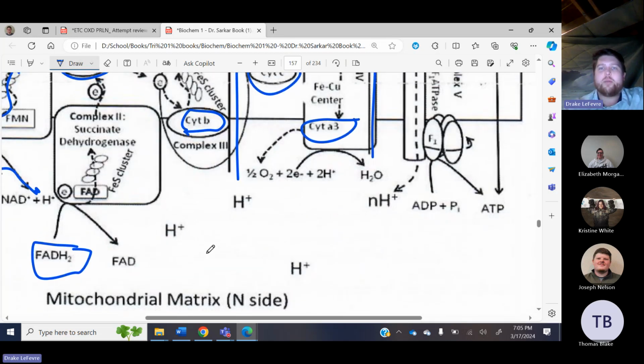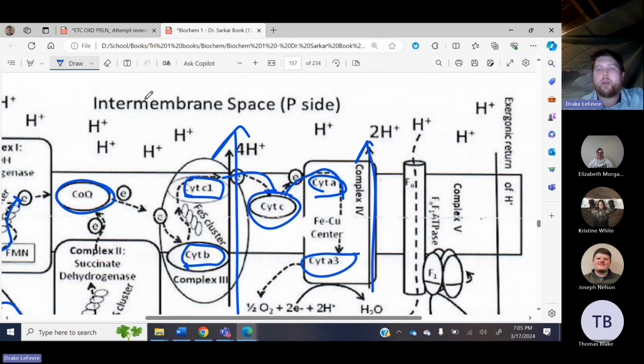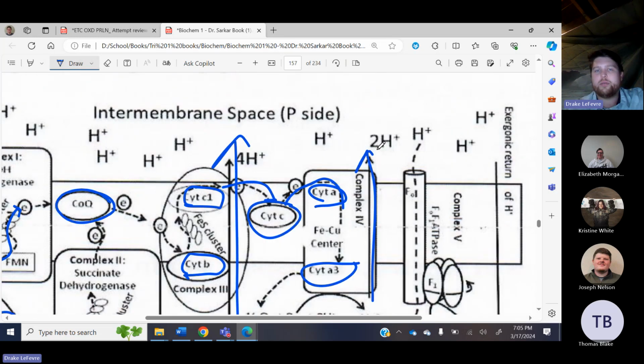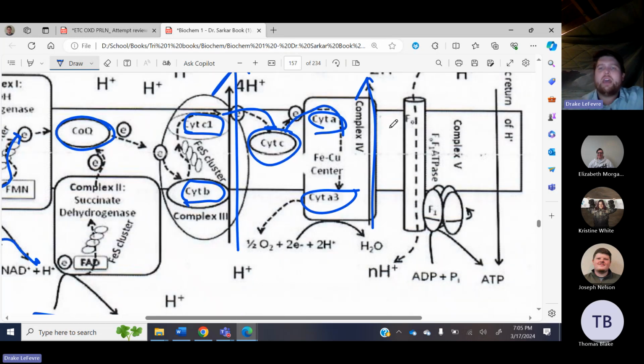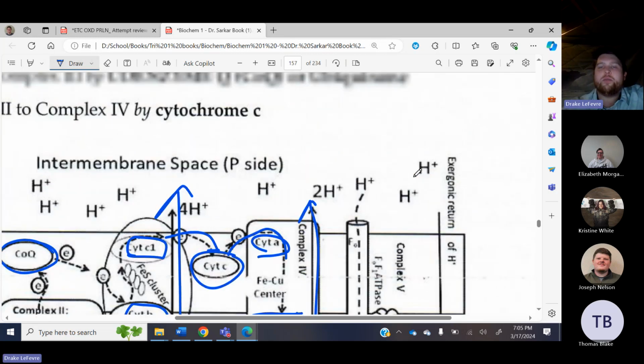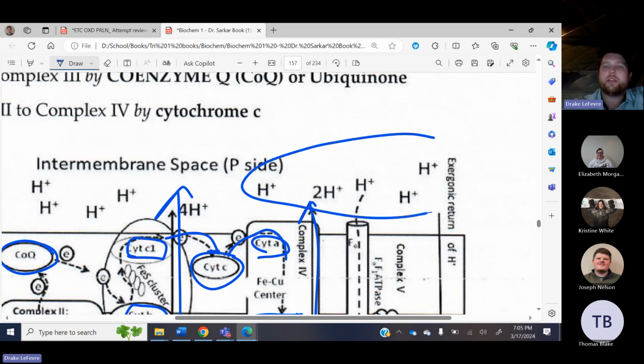So we've built up all these hydrogens on one side. And we finally finished with our electron here in complex 4. So we deliver the electron to an oxygen and hydrogen to create water. And now we use this chemical gradient with all these hydrogens.